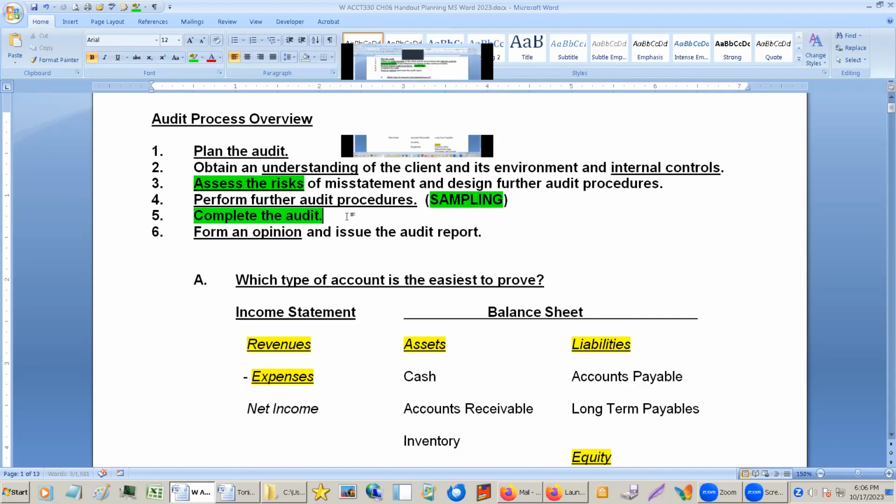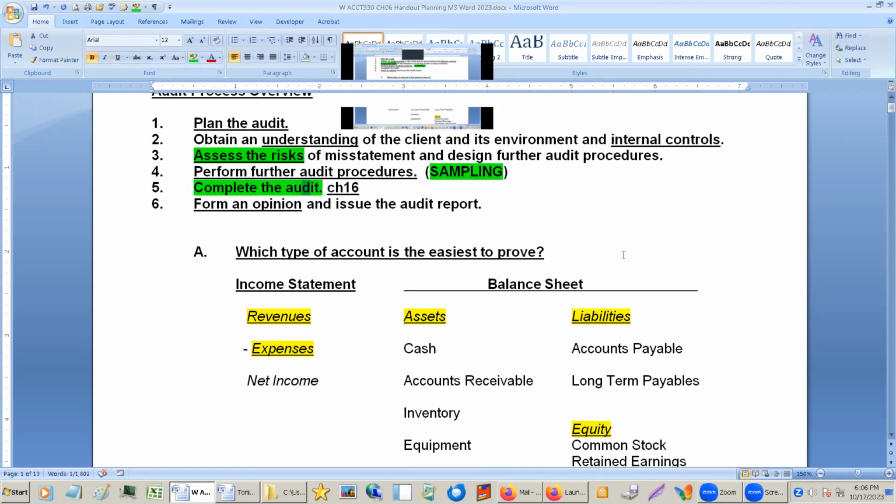This is actually Chapter 16, which we'll have later. And then lastly, we get enough information to form an opinion. This is Chapter 17.